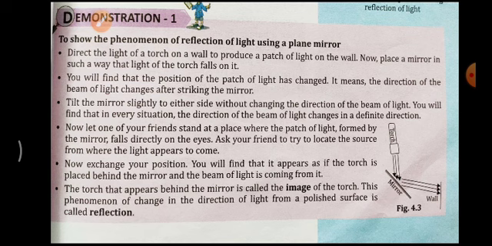One more thing about the mirror: we have seen in demonstration 1 that a mirror is a device or an object with the help of which we can reflect light in a particular direction. So today we will discuss the different terms related to reflection and a mirror. Without further delay, let's get started.